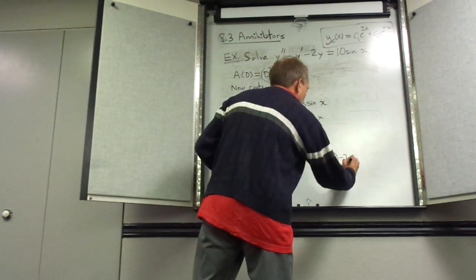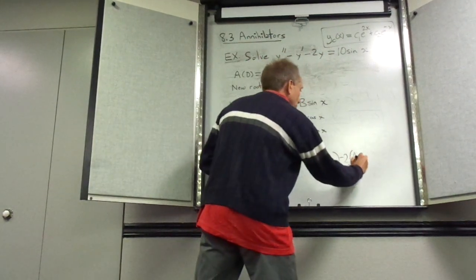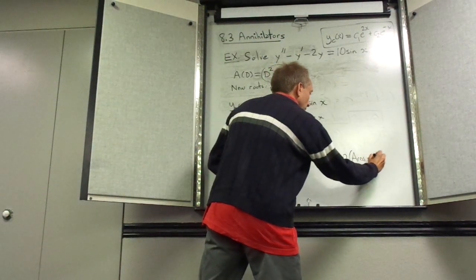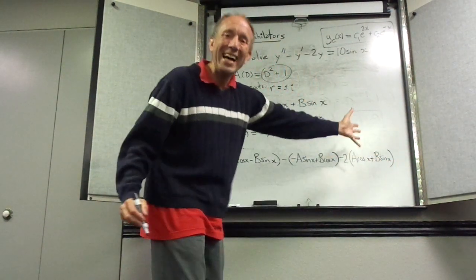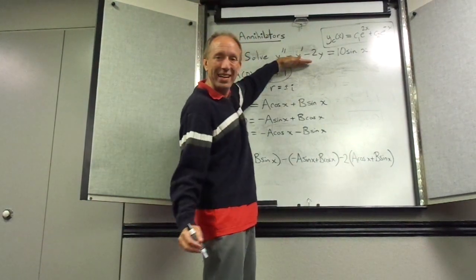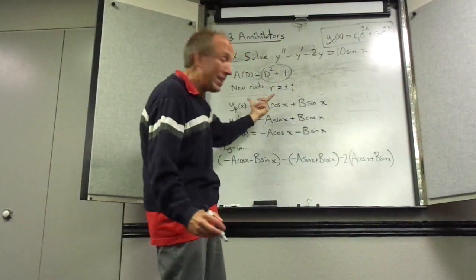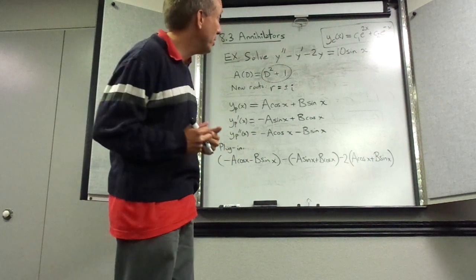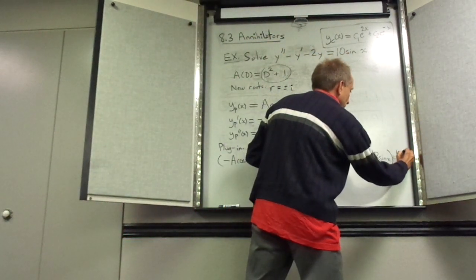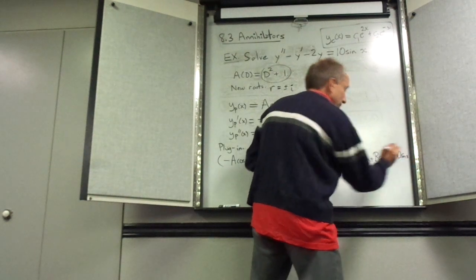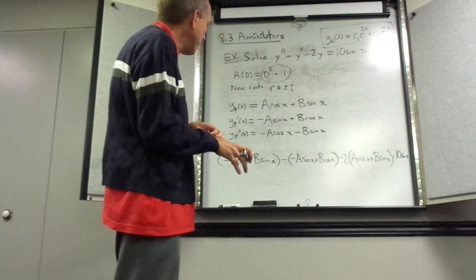So minus 2 times whatever the original y sub p was. All of that is the left side of our differential equation with the particular solution plugged into it. And this is supposed to equal 10 sine of x, okay, on the right side.